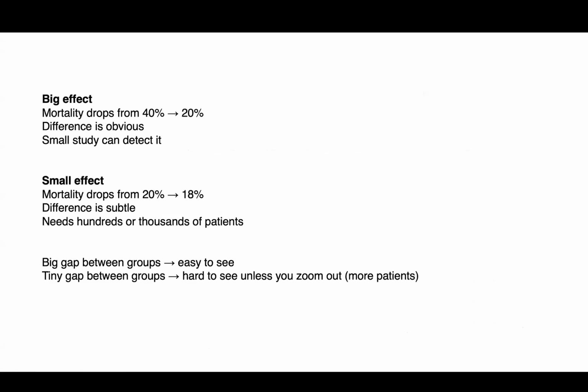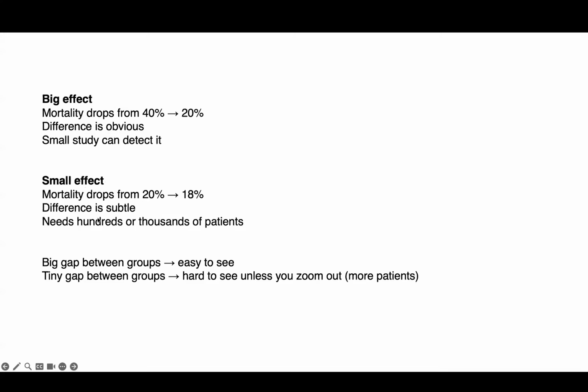So what is this big effect and small effect? So I just wanted to clarify that. So for the big effect, you tested drug A versus placebo, you see that the mortality drops from 40 to 20%. So the difference is pretty obvious. So a small study itself can detect it. But a small effect size is the mortality drops only from 20 to 18%.